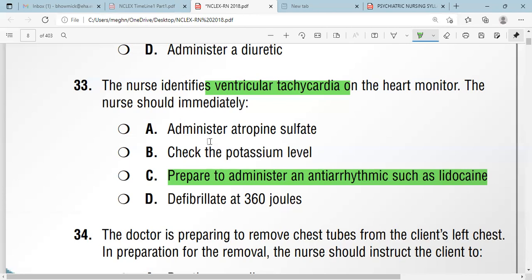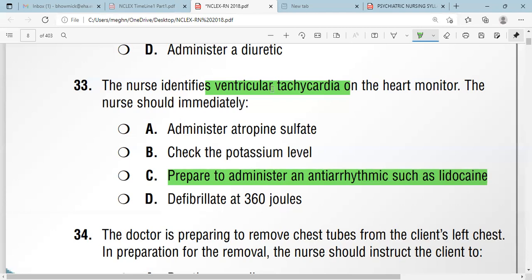So defibrillation will not be done. Also, defibrillation should begin at 200 joules, not 360. Let me recap.